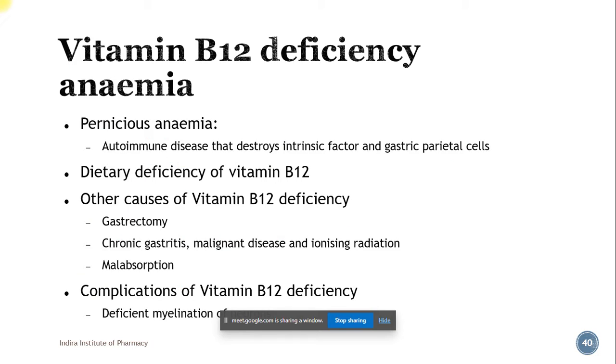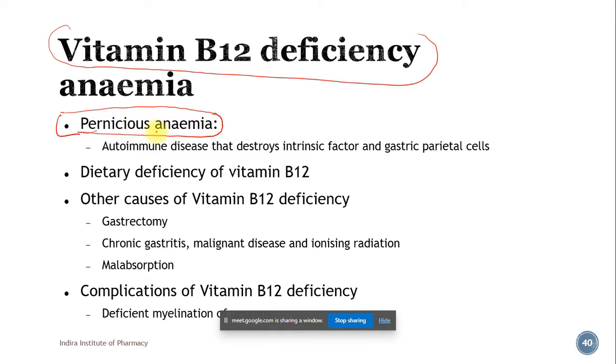Okay, so in vitamin B12 deficiency anemia, first is pernicious anemia. So what is pernicious anemia? We are actually seeing what causes vitamin B12 deficiency. So another type of anemia we have, that is pernicious anemia, that leads to the deficiency of vitamin B12. That means you are having vitamin B12 in appropriate quantities, but it is not getting absorbed.